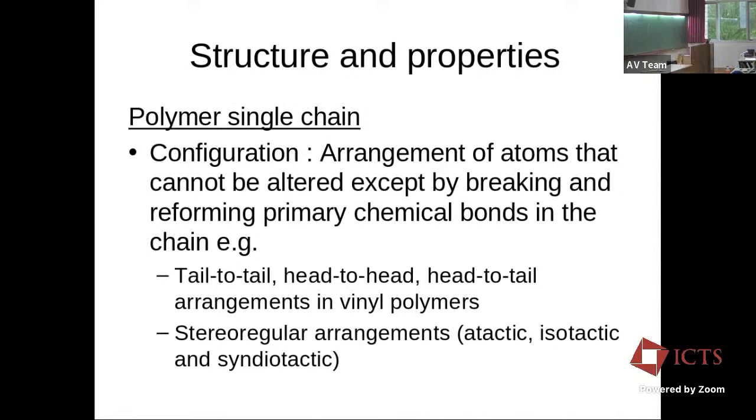When the molecular weight reaches 10 to the power of 5 and above, we start calling it a polymer. Before that, some of them we call oligomers. Poly means many, mer means unit. So this many units have to combine to get what we call a polymer.